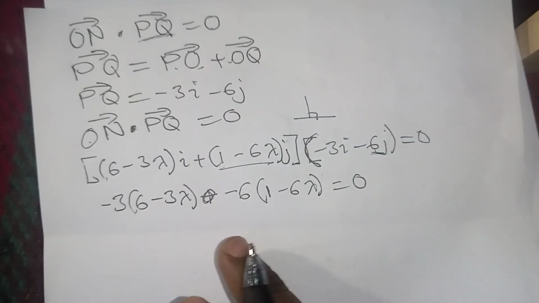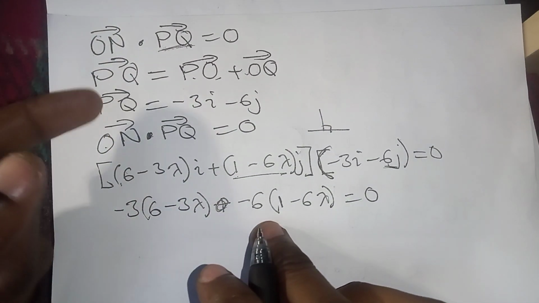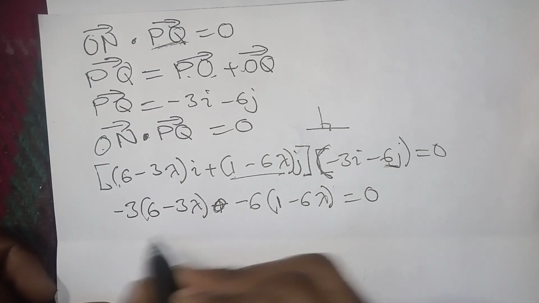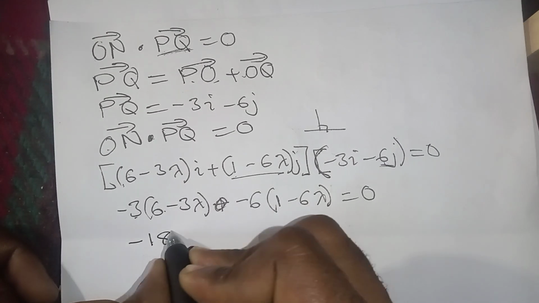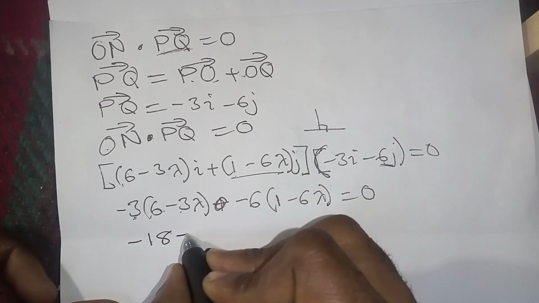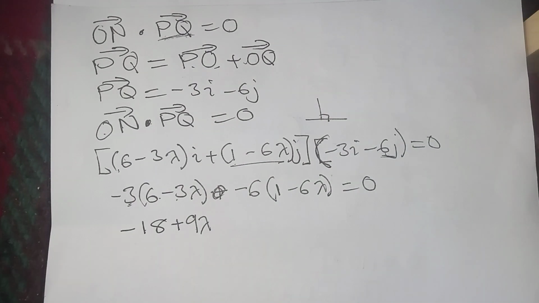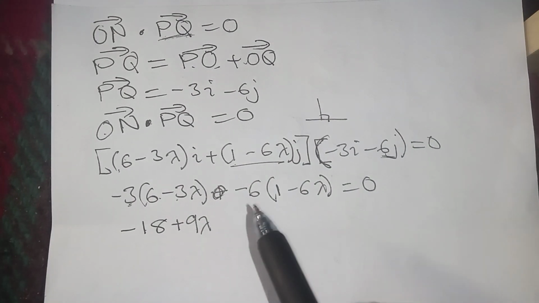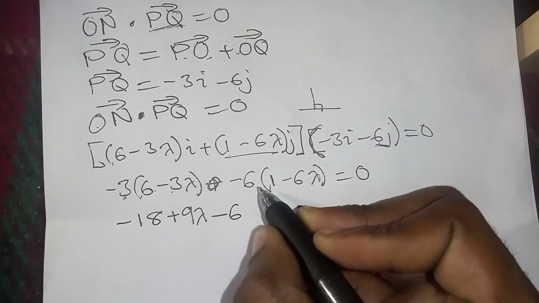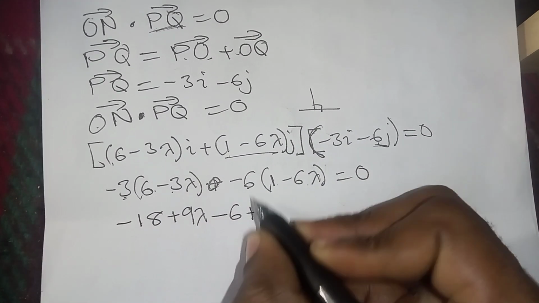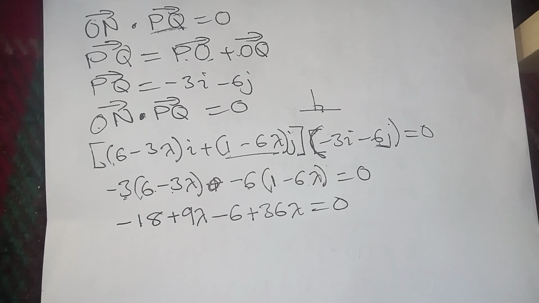When you solve for lambda, you can substitute it in ON to find the exact value of ON. So this multiplied by this will be minus 18. This multiplied by this will be positive 9 lambda. This multiplied by this one will be minus 6. This by this, we have 36 lambda, equal to 0.